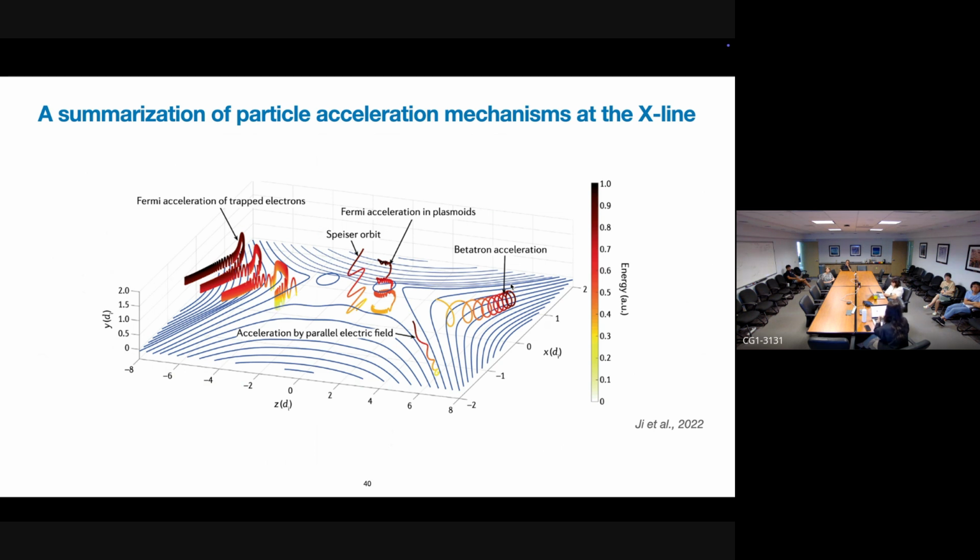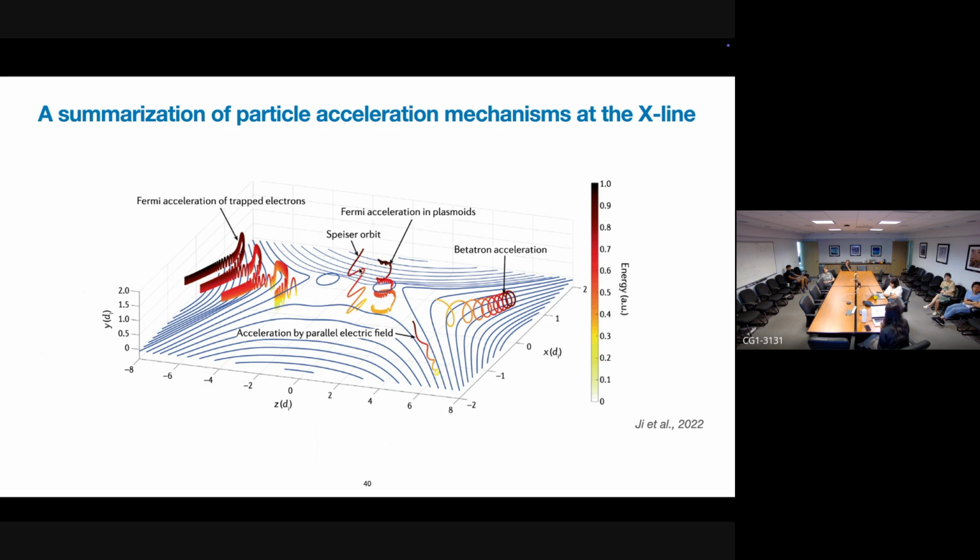So the particle just gives energy to the field or receives energy from it. So the overall net influence from betatron is very small. But we do see all the other acceleration mechanisms in the test particle simulation.